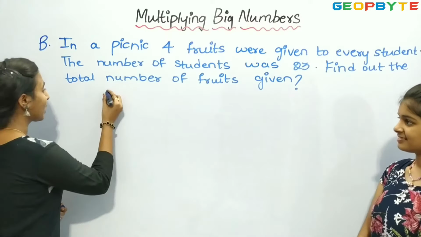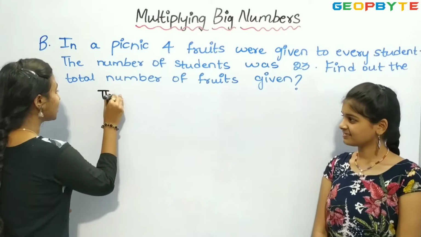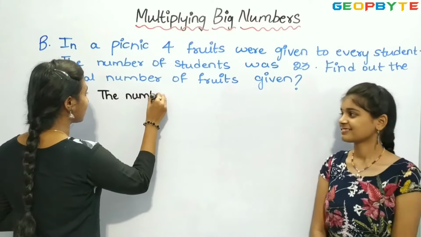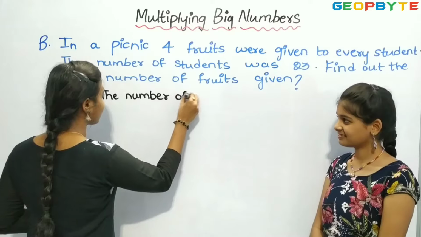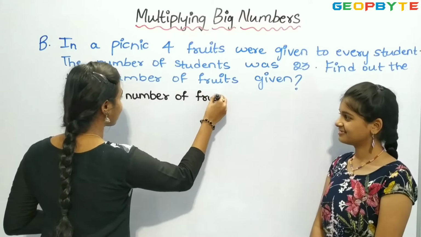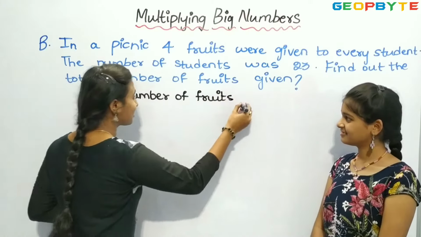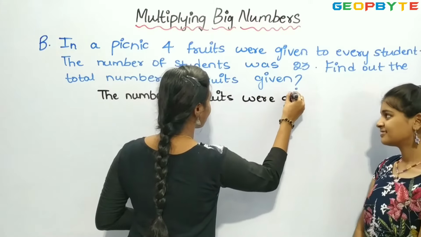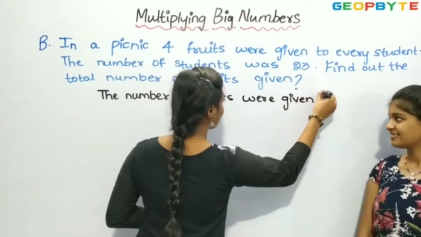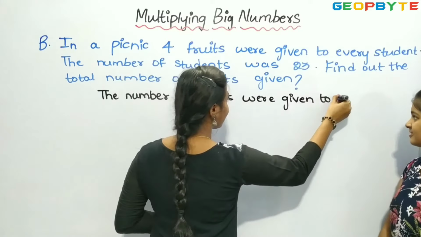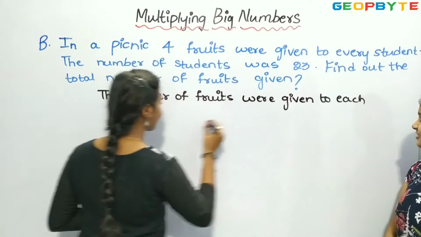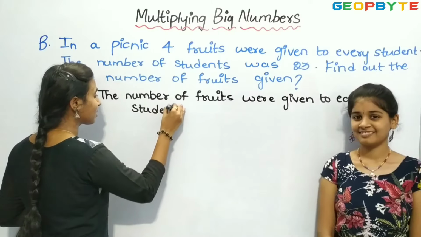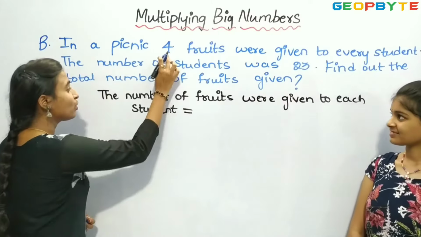So, the number of fruits were given to each student is equal to 4.